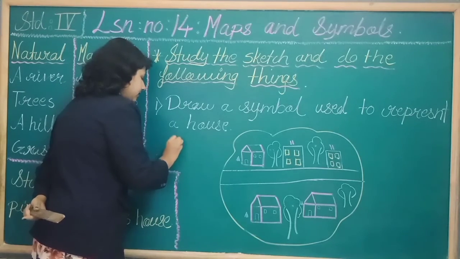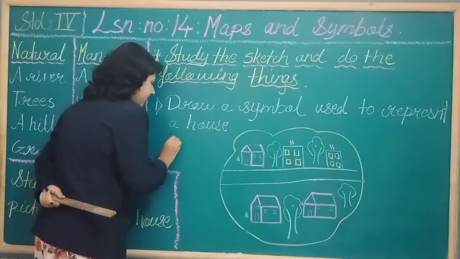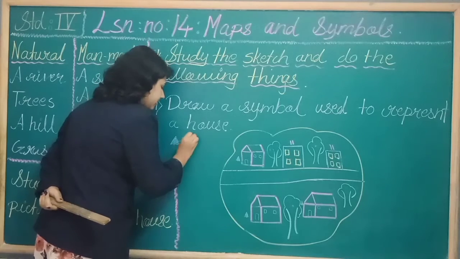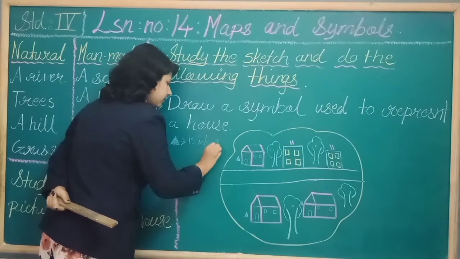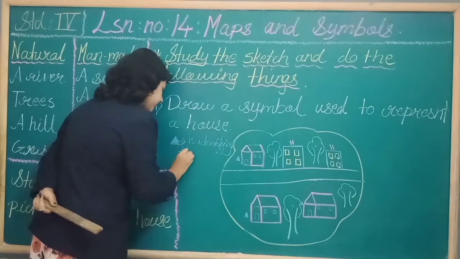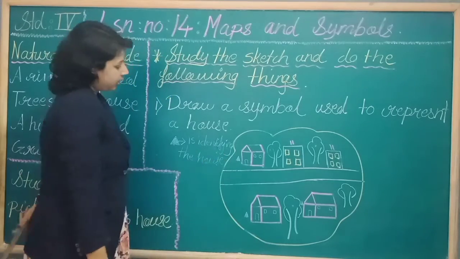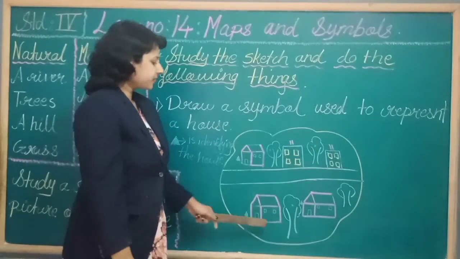Because the symbol of the triangle is identifying the house. Here the triangle, this symbol, is identifying the house.